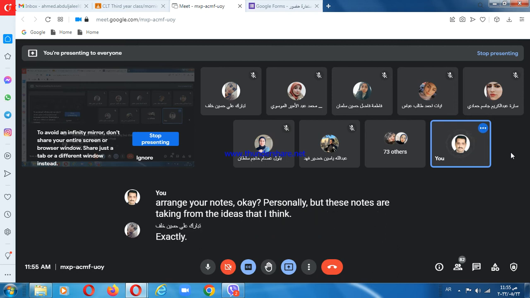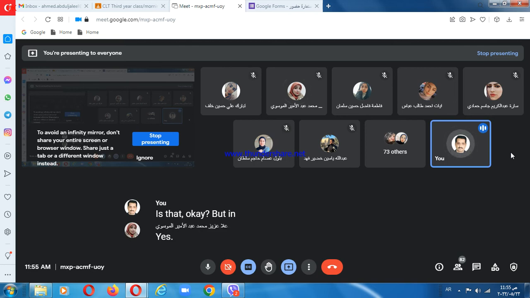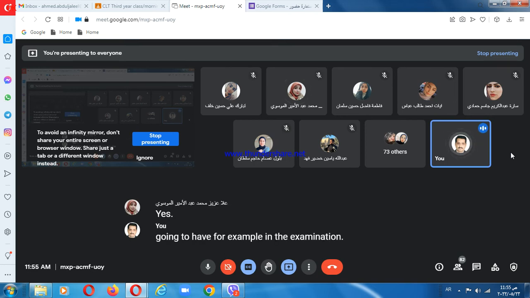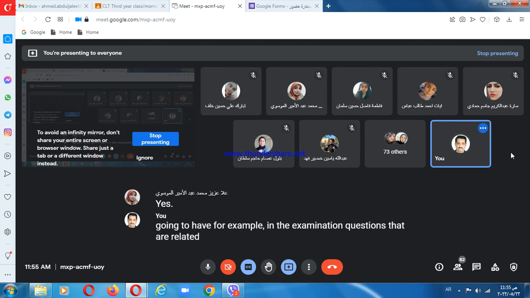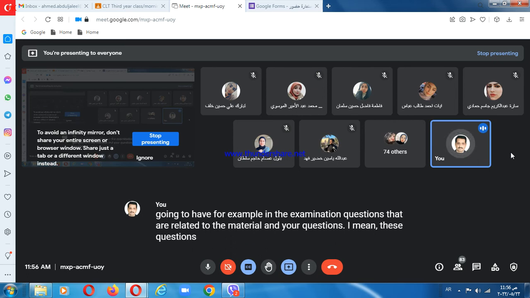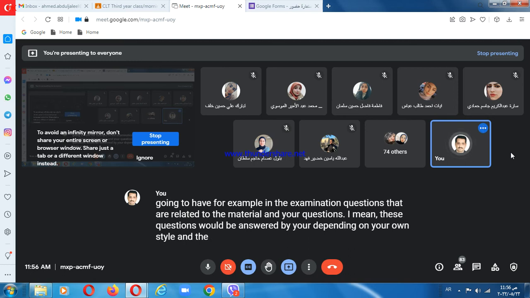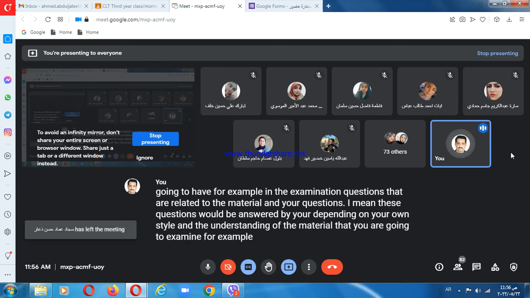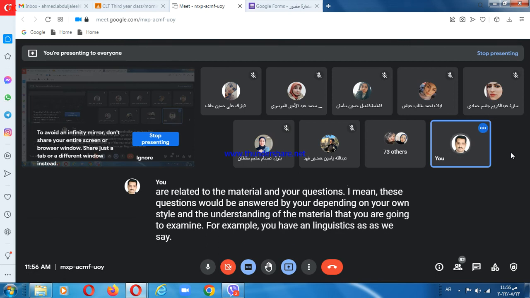But in display writing, you are going to have, for example in the examination, questions that are related to the material, and these questions will be answered by you depending on your own style and the understanding of the material that you are going to be examined on. For example, you have linguistics, a paper exam to be done in the final examination.